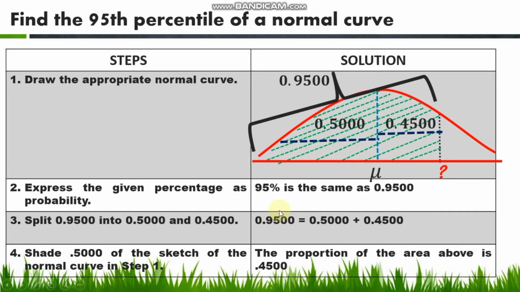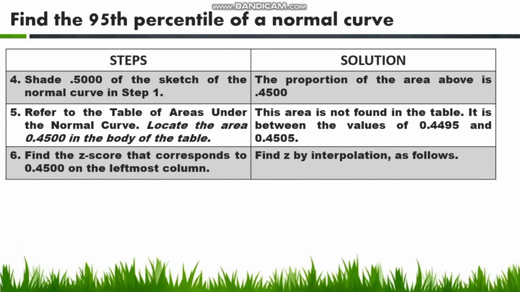After you split and figure out that this is the illustration, you go to step 6. For step 6, refer to the table of areas under the normal curve.